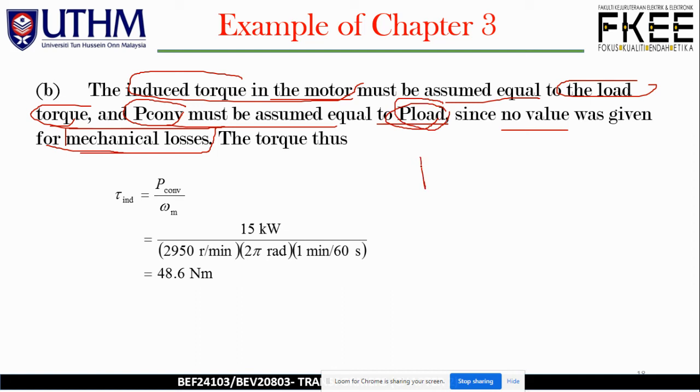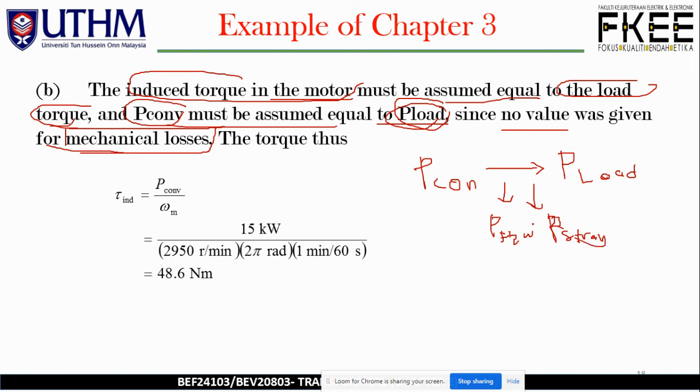Because in between we have P converted, for example, again, let me write the flow diagram. So we have P load, which is of course the load, supplied by the shaft. In between, suppose we have two types of losses, for example, the mechanical losses, P friction and windage.